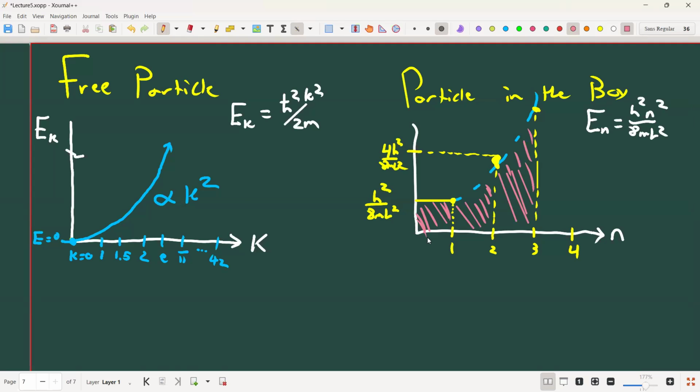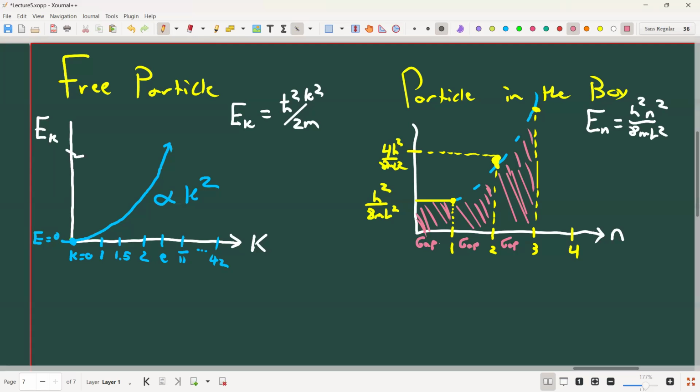Can't be, by definition. So we have the same kind of energy structure. These are increasing as that number goes squared, so it kind of still looks like a free particle. It still goes as k squared, but there are now gaps in the spectrum. This is a gap. And this is a gap. And this is a gap. So on and so forth.